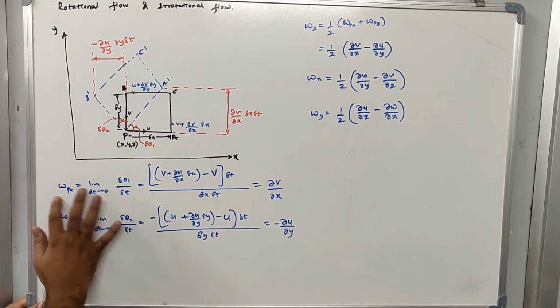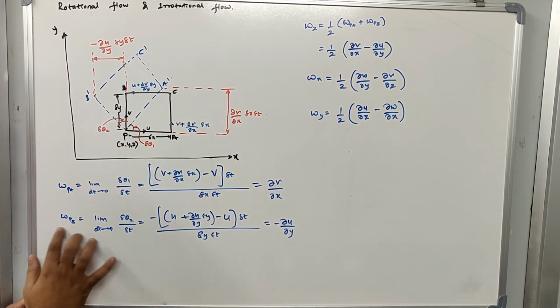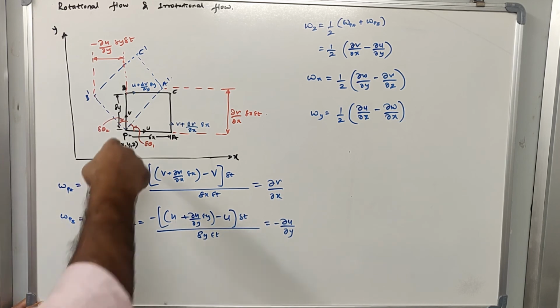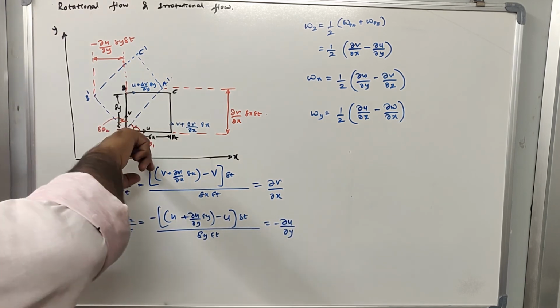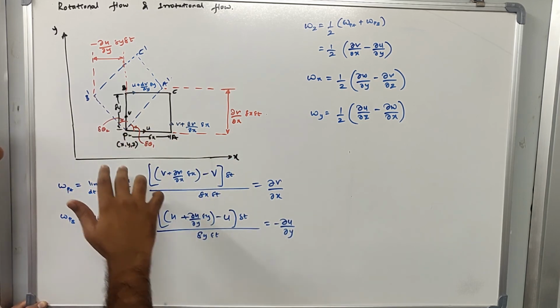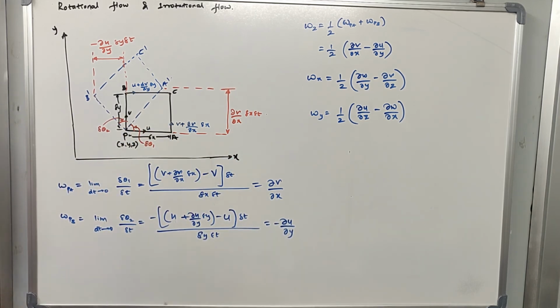Now we got to know the angular velocity of PA, and the angular velocity of PB. According to the definition given for rotational flow, we can take the average of PA and PB. By taking the average of PA and PB, I can calculate the rotation component in the z direction. I told you rotation can be along 3 axes.